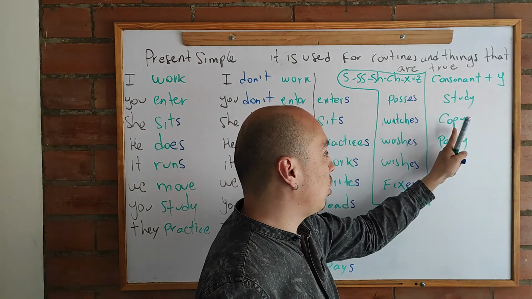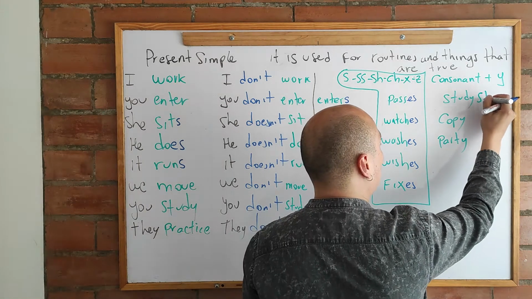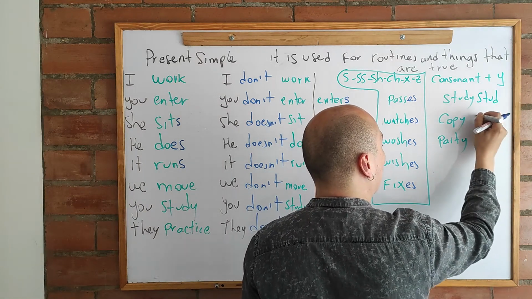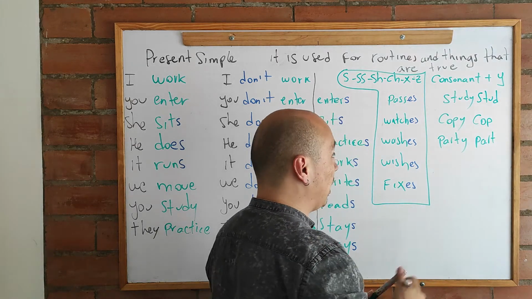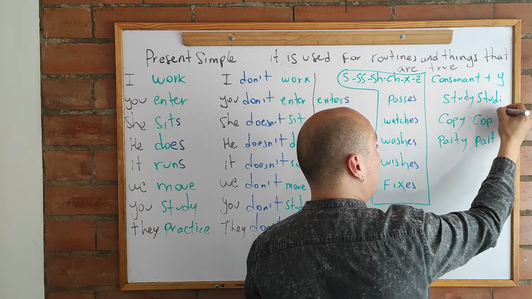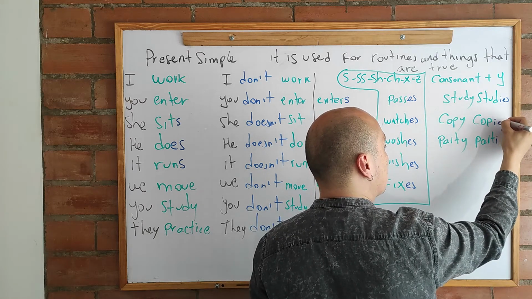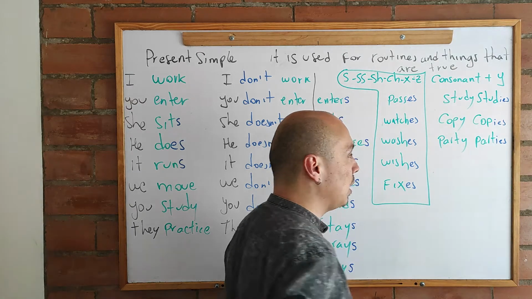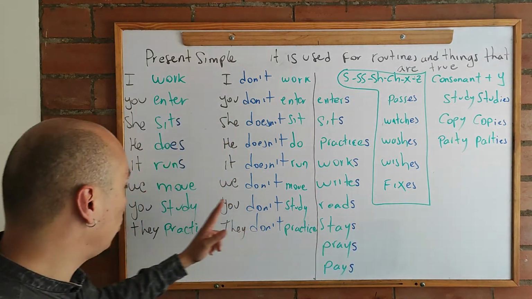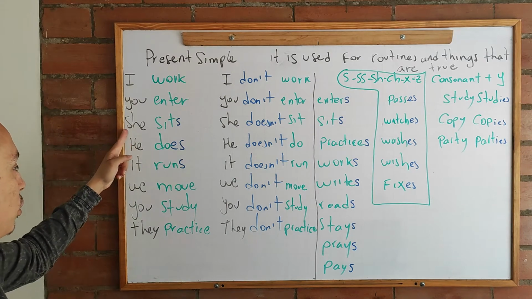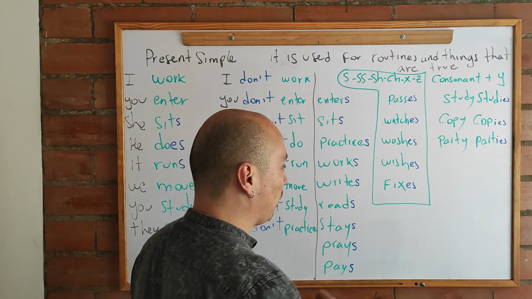Consonant plus Y, consonant plus Y, consonant plus Y. So in that case, you change the Y for an I, and you put ES. Studies, copies, parties. One more time. These conjugations are exclusive for the third person. She, he, and it.